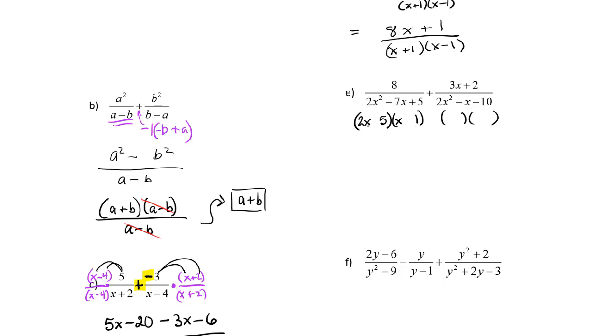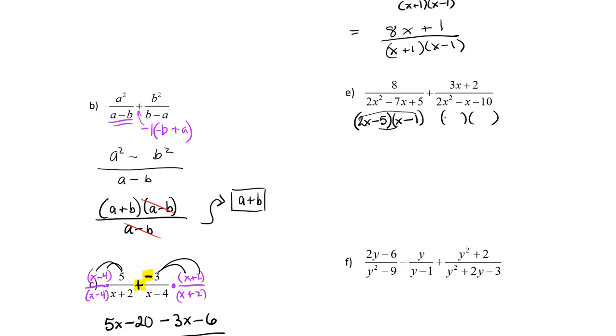So 2x minus 5 and an x minus 1. This would give me an outer of negative 2x and an inner of negative 5x, so that would work.